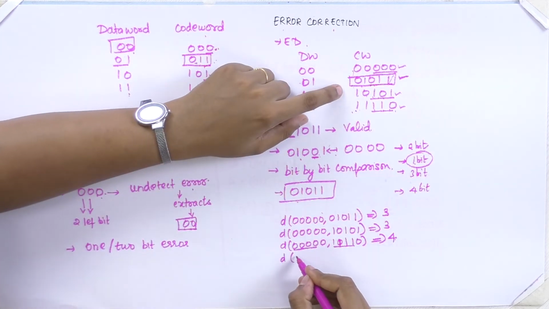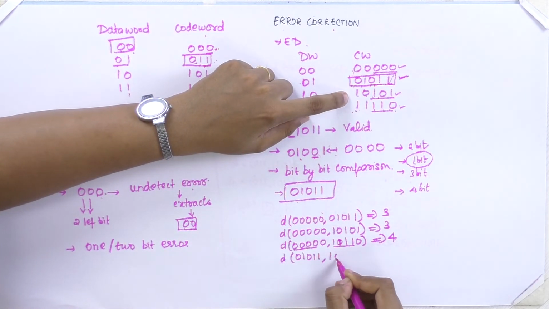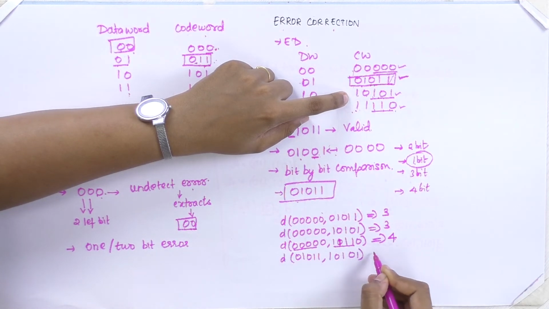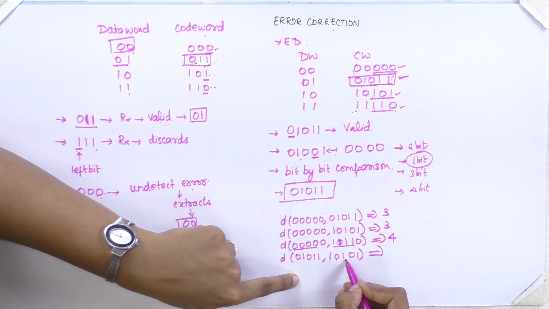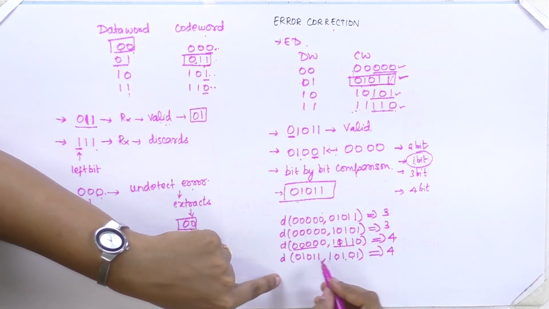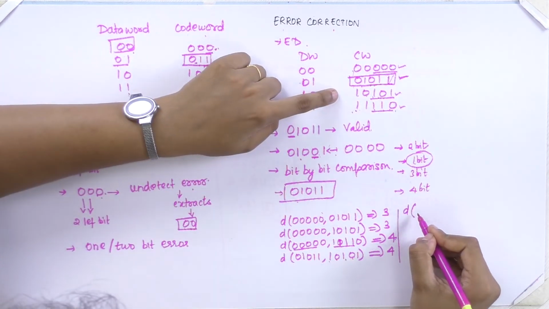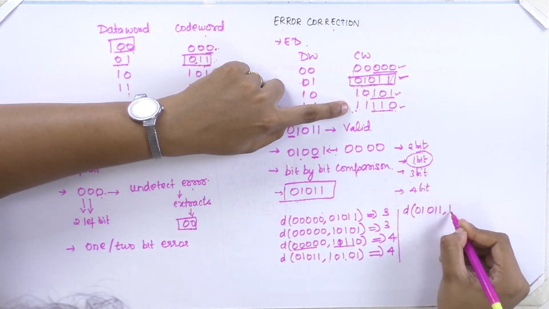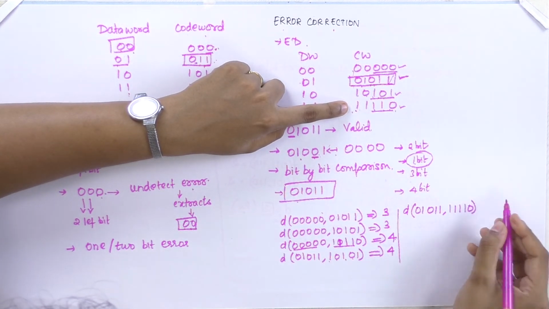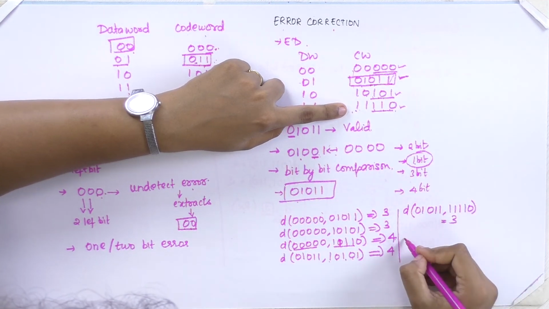Next, 01011 and 10101. Here the difference will be 1, 2, 3, 4. Next, D of 01011 and 11110. Here also the difference will be 3.